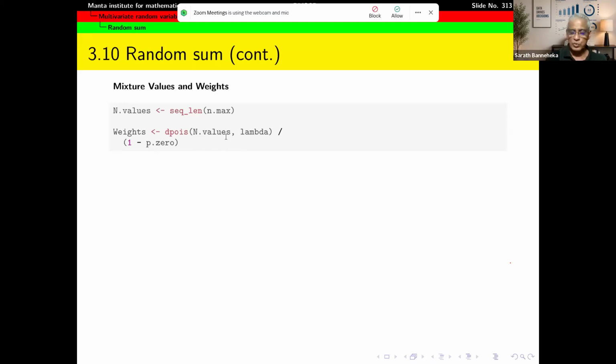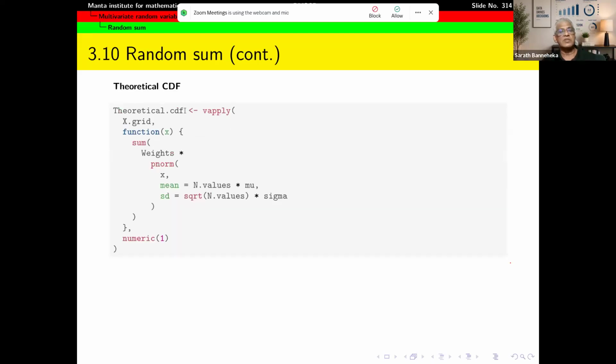We need them to get the CDF of the mixture as well as the PDF of the mixture. The theoretical CDF I obtain using the formula that we have derived: the sum of weights times pnorm at the x values. This is just a function, and we have to apply this function to our x values.